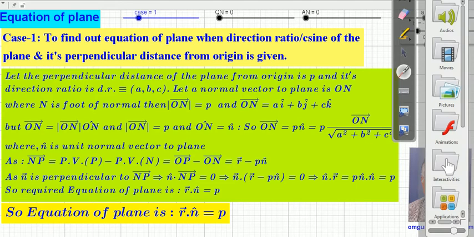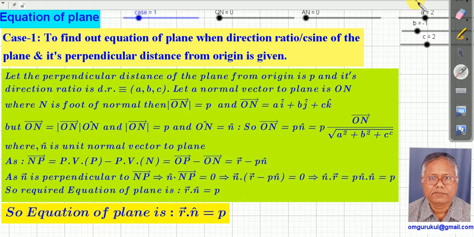First I will derive the equations. Now what I have written here is the equation of a plane. Case 1: to find the equation of a plane when the direction ratio or direction cosine of the plane and its perpendicular distance from the origin are given. Okay.